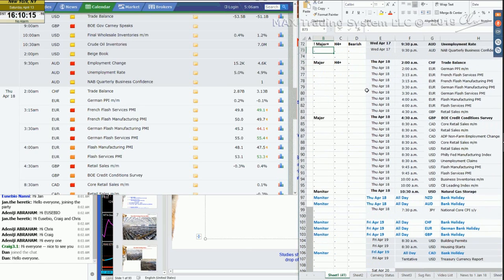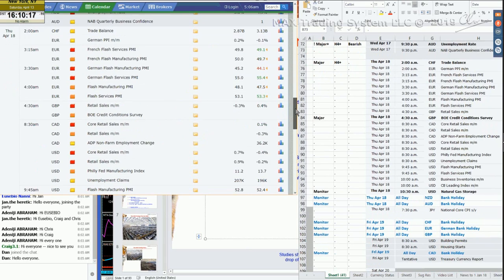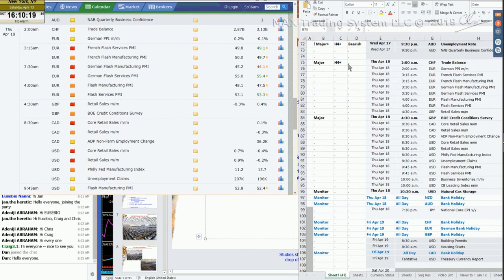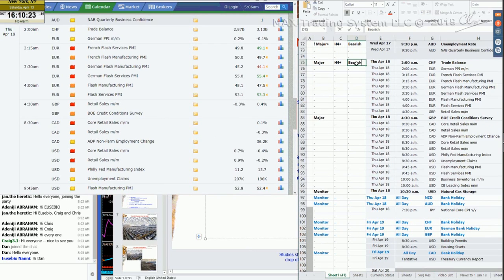So Thursday, we have the Swiss trade balance, major higher time frames, and bearish. Then we have the pound retail sales month over month, major bearish.